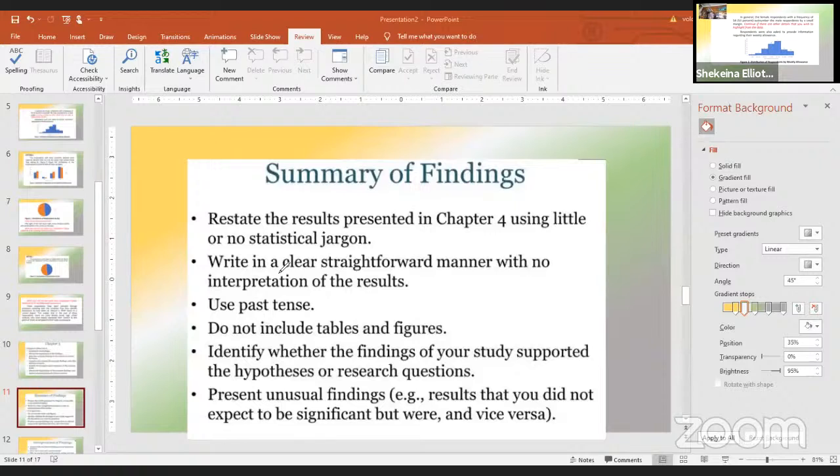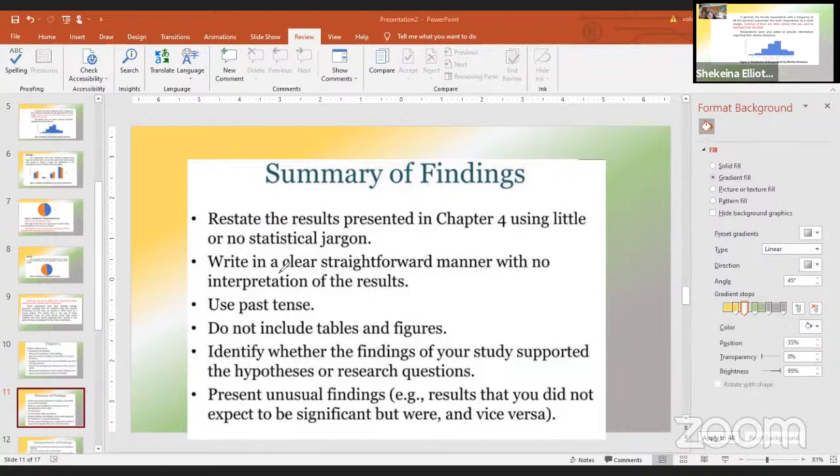You are going to explain, what do you think based on your findings? What are the thoughts? So you are writing on that, but you are going back and forth with your purpose. What's the purpose of your study?